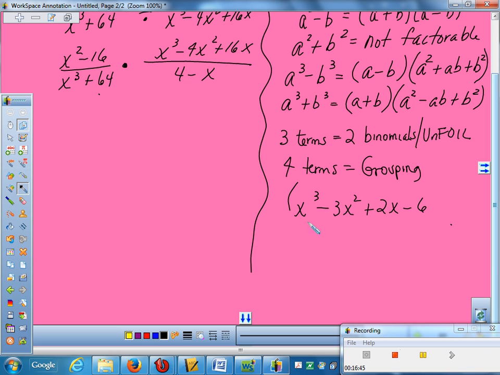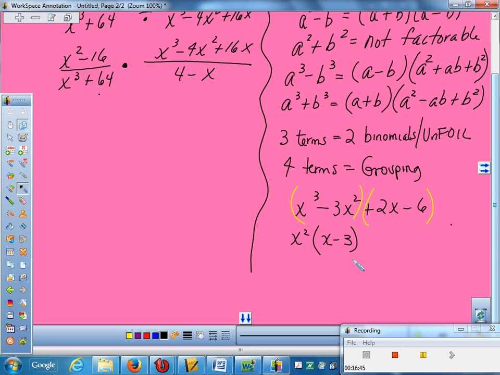And when you group the first two and the last two, when you group the last two, get that sign in there, get that plus in there. That matters, because you have to pull it out. So you go, what's the common factor to the first two terms? You can take x squared out. What's left? If I take x squared out of those two, I'll have x minus 3.